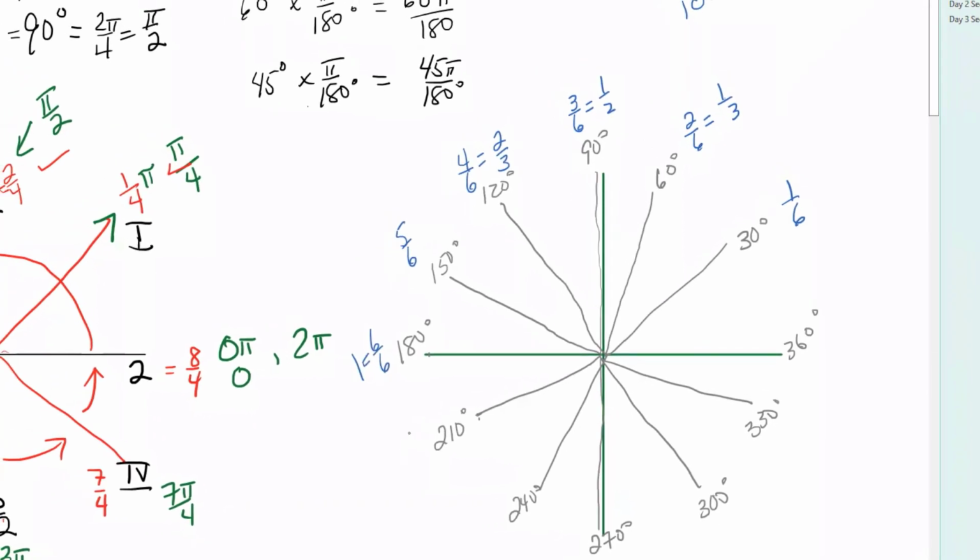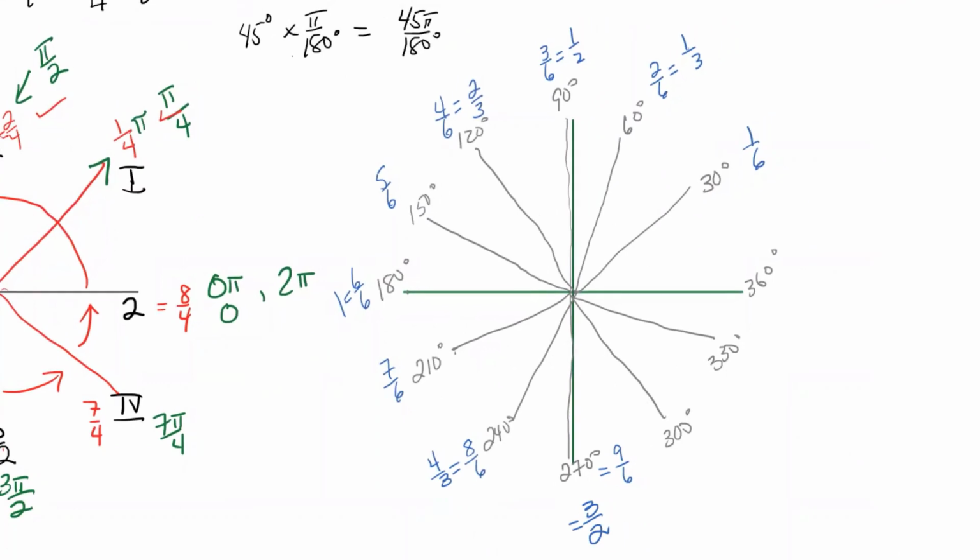And then how many sixths? 7/6. That doesn't reduce. 8/6 reduces to what? 4/3. Good. How many sixths are next? 9/6, which reduces to what? 3/2. Okay. And then how many sixths? 10/6, which reduces to 5/3. Good. And then how many sixths? 11/6. And then how many sixths? 12/6, which is 2.